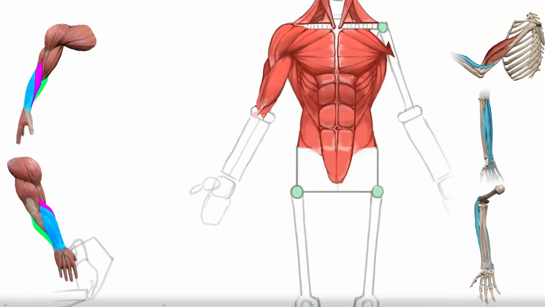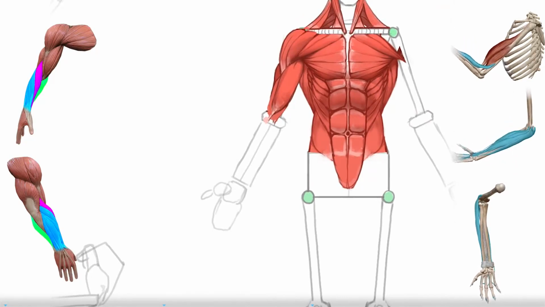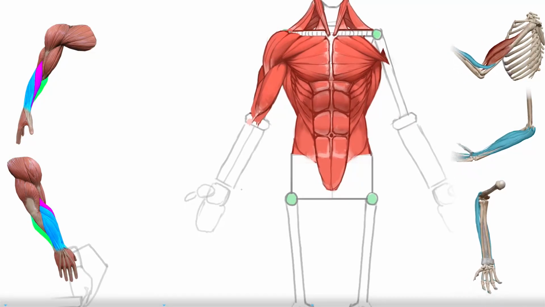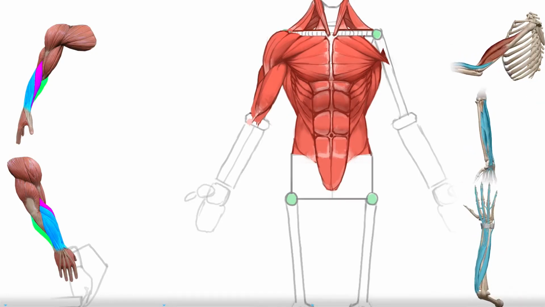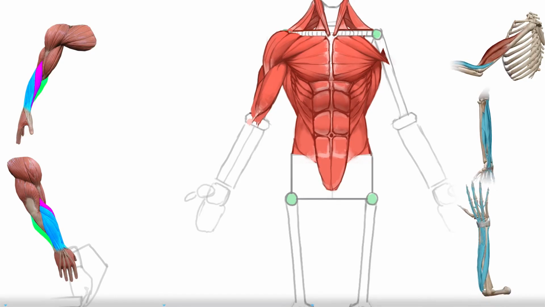Now, when it comes to drawing the ellipses, we're going to do that first on this view right here, so it's a little easier to explain where the different ellipses are positioned. Let's start from the ellipse that is further back, and this is going to be the one for all the flexor muscles, or no, excuse me, all the extensor muscles, the posterior group. So this is going to be the one on the outside here.